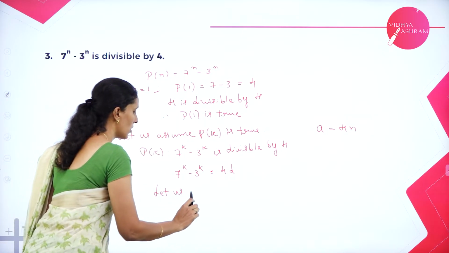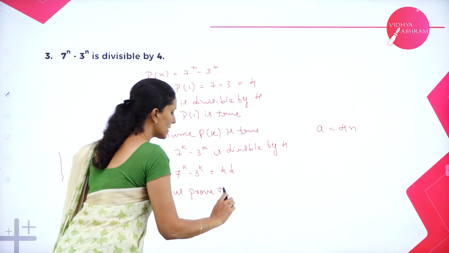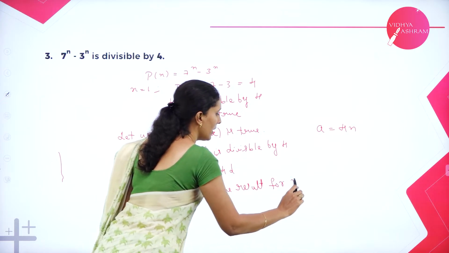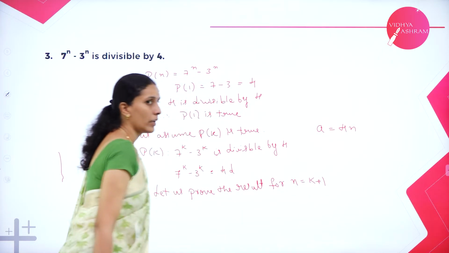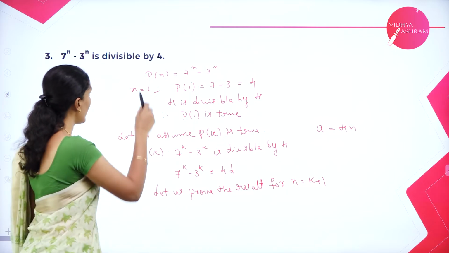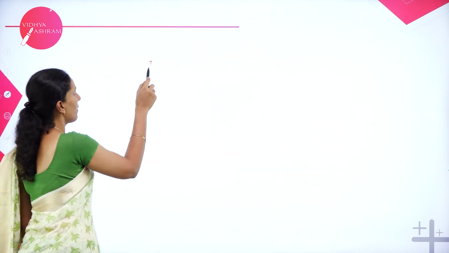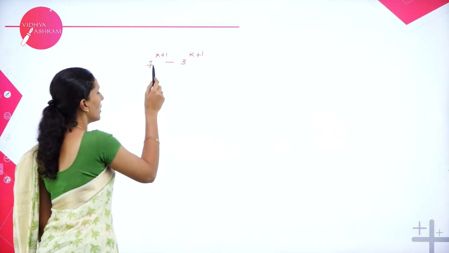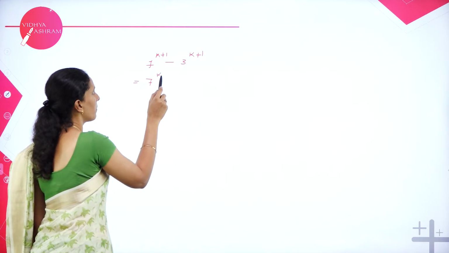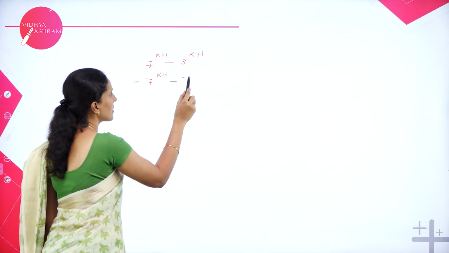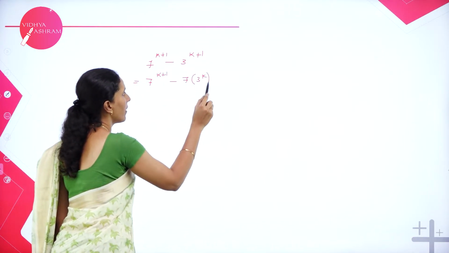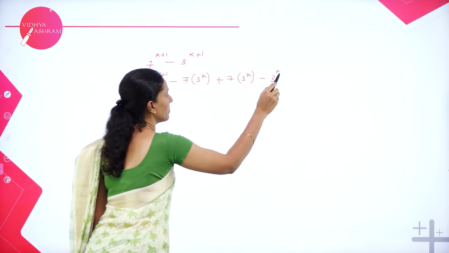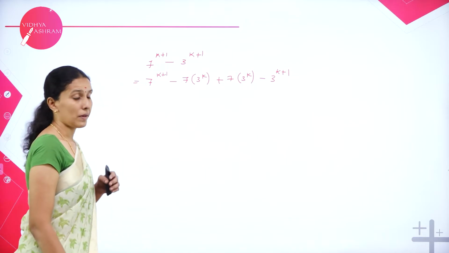Now let us prove the result for n equal to k + 1. If n is equal to k + 1, the expression becomes 7^(k+1) - 3^(k+1). Here I will subtract 7 into 3^k and add 7 into 3^k so that it gets simplified.